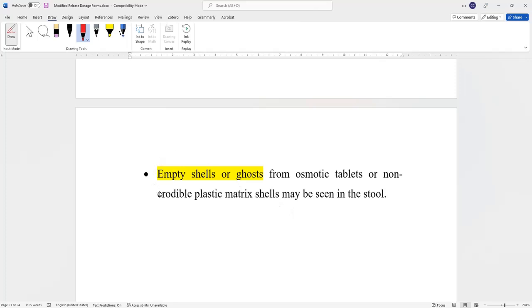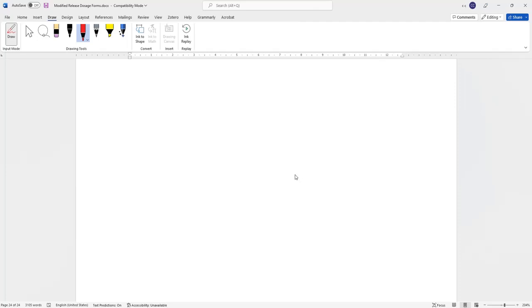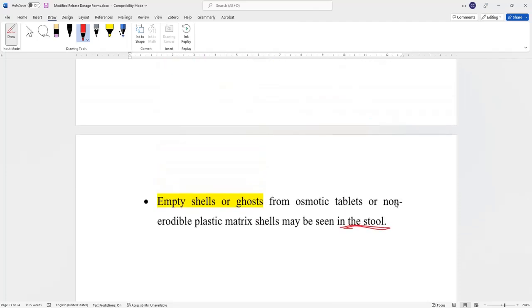Another thing, or the last thing, is if they are taking, for example, osmotic tablets or a non-erodible inert plastic matrix, you should tell them that they may see a ghost or empty shells in the stool. So warn them about that. They should not be scared of this.